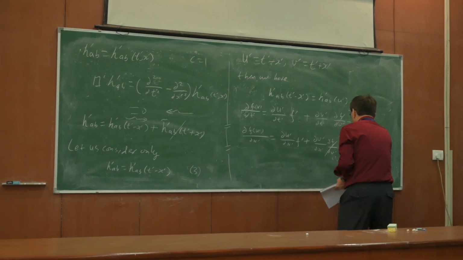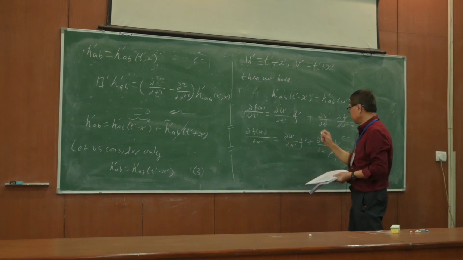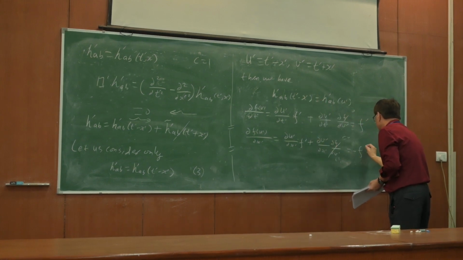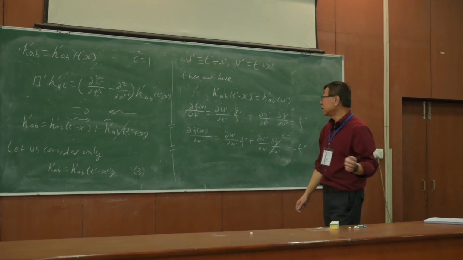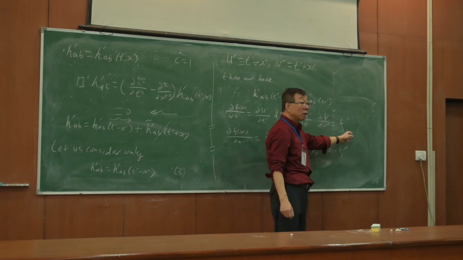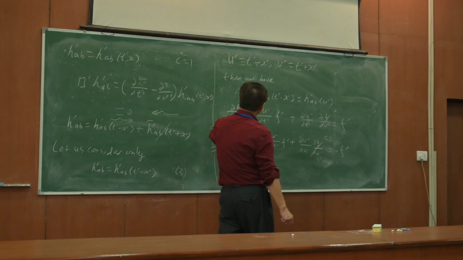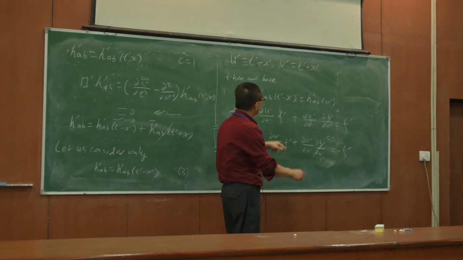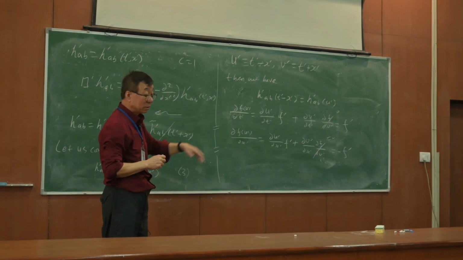So this equals minus f prime, right? So I just write the partial derivatives with respect to t prime and x prime in terms of the ODE. This is simple. Here's my function, which only depends on t prime minus x prime, so we just use this.